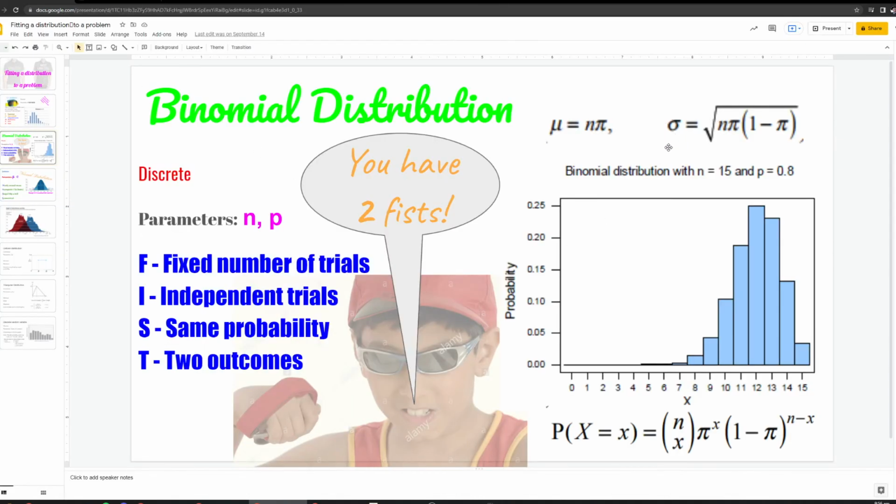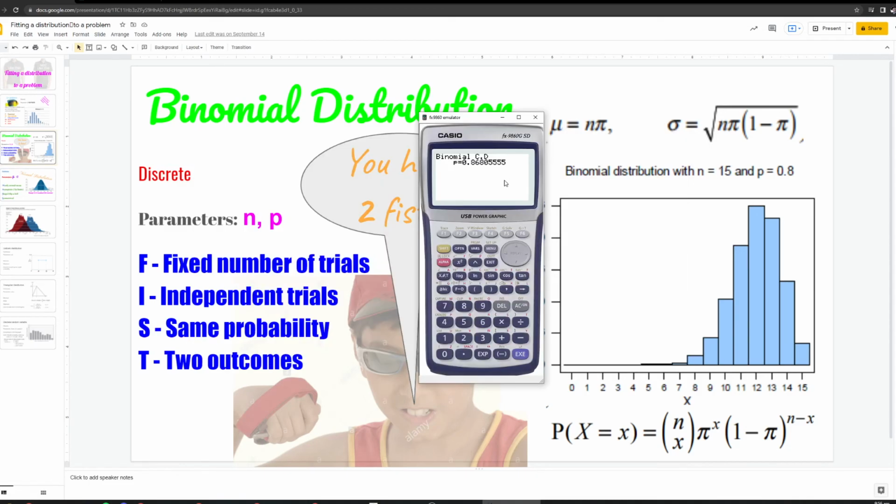Then this is the standard deviation. The formula looks complicated. Remember, pi just means probability, so all you're doing is inputting this into your calculator. Let's do it as an example.